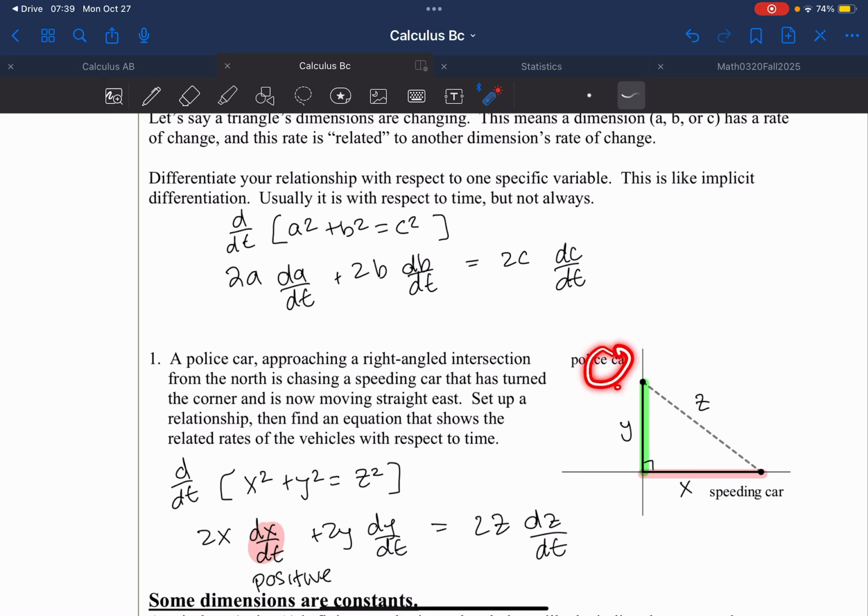Here's the police car going towards the speeding car, which means this y value is going to end up getting closer to the origin. So this dy dt is going to be a negative rate.